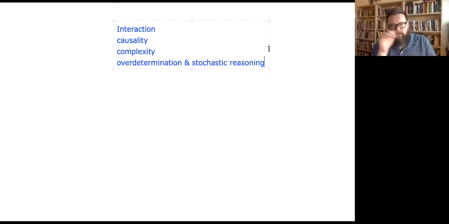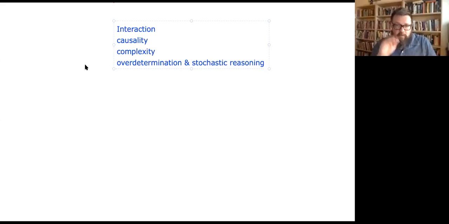Then just remember that when scientists research evolution, they are almost always presuming overdetermination and stochastic reasoning. So they begin with the presumption that whatever they're studying is going to be overdetermined, and that it will require stochastic thinking to figure it out.